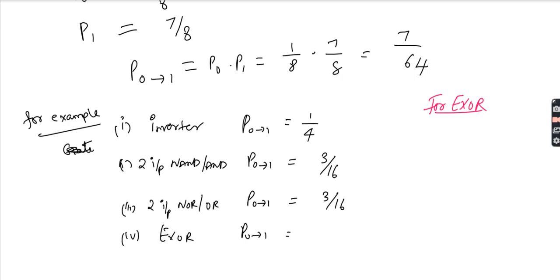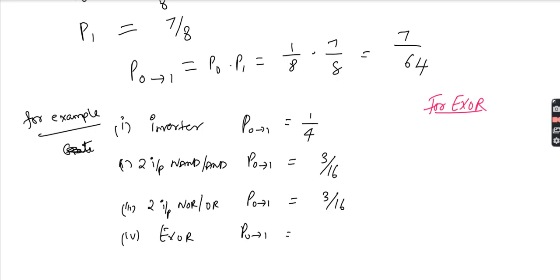We cannot say that if both inputs are 0 or any one input is 1, the output is high or low. But the very important thing is that we can write the truth table here. It is independent of the number of inputs. All the other gates depend on the number of inputs, but here the output activity is independent of the number of inputs.